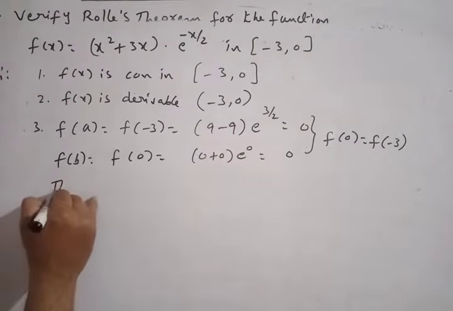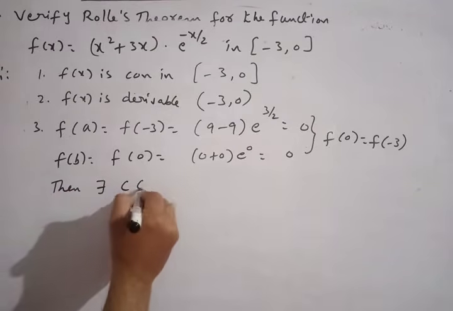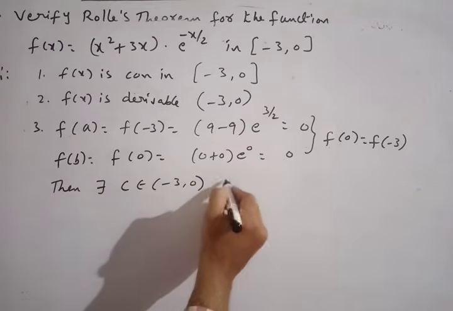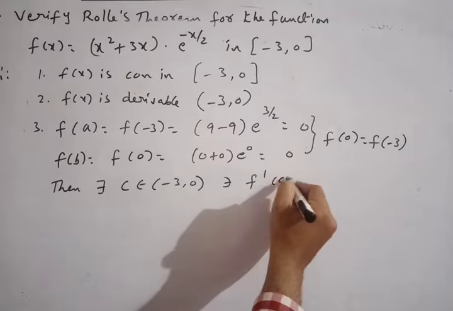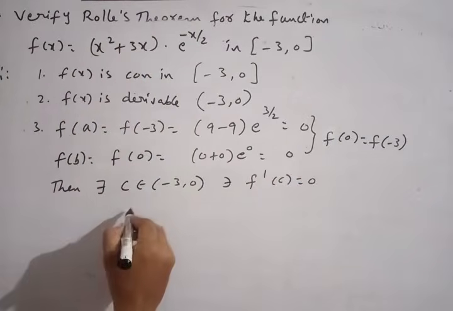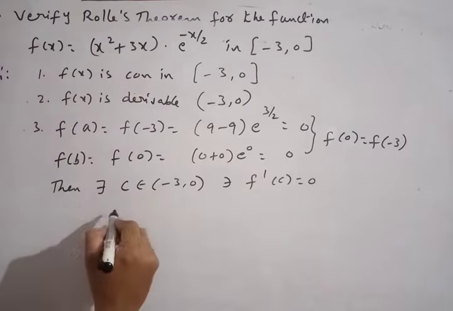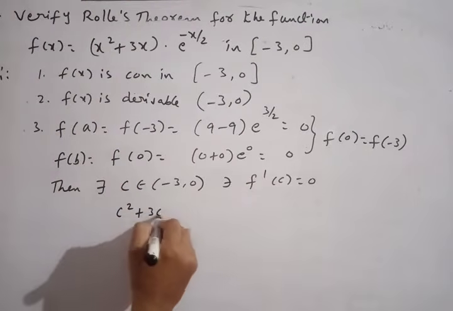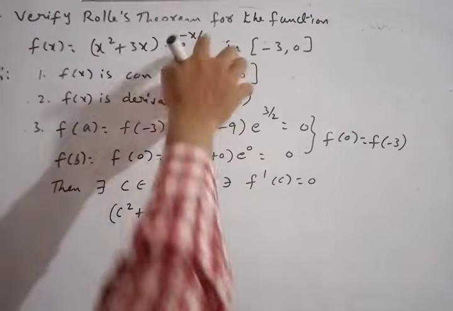What we have to do now? Then there exists c belonging to (-3, 0) such that f'(c) is equal to 0. What is f'(c) here? UV method. In place of x you have to write c first of all: (c² + 3c) e^(-c/2).